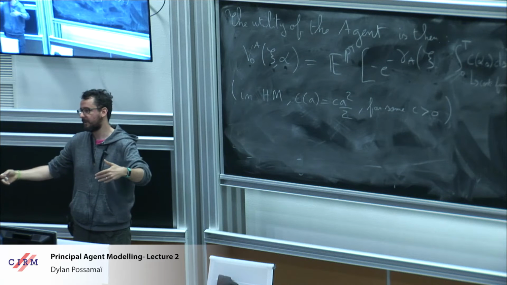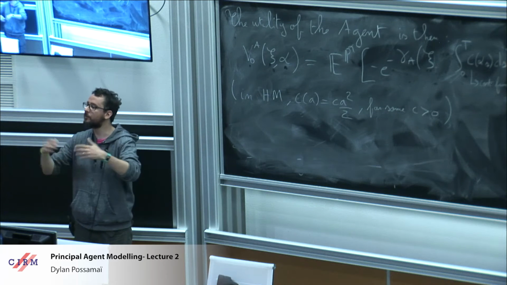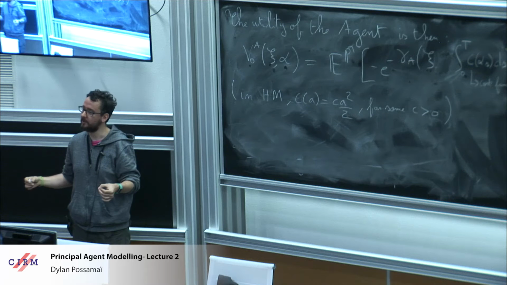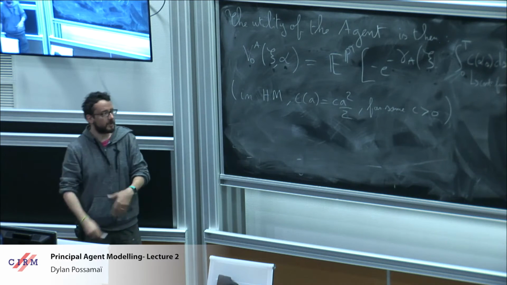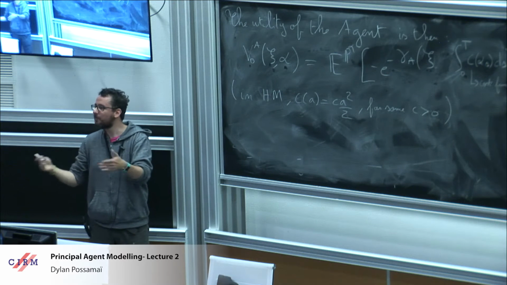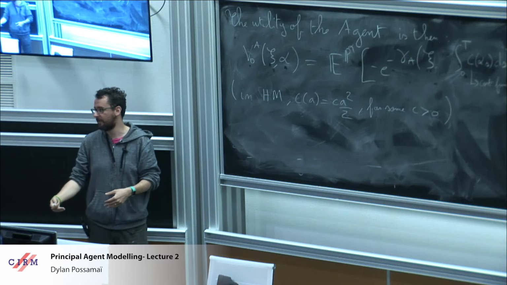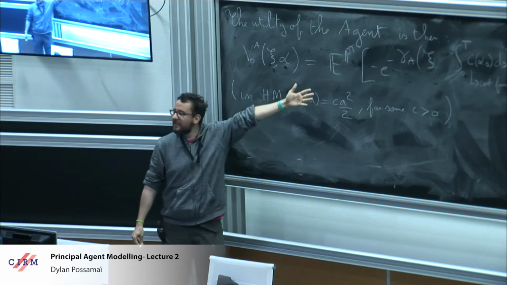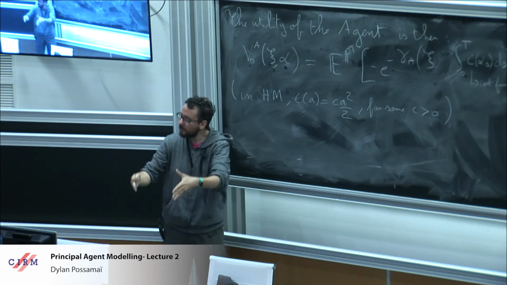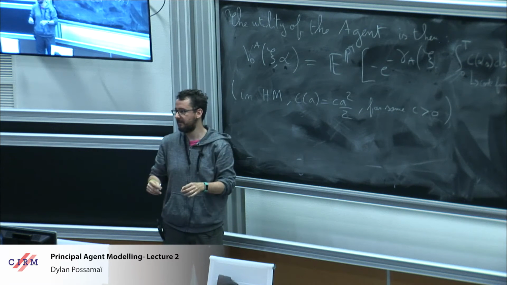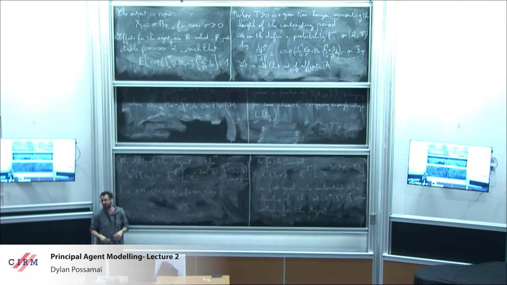I don't know what the distribution is, but when I make an effort, I'm influencing what that distribution is going to be, so I'm influencing the likelihood of certain outcomes. So if you accept that it's a good way to specify the problem in a one-period model, then the natural way of doing it dynamically is the same. X is given to me, I have one process, and I want to change the distribution of the process.